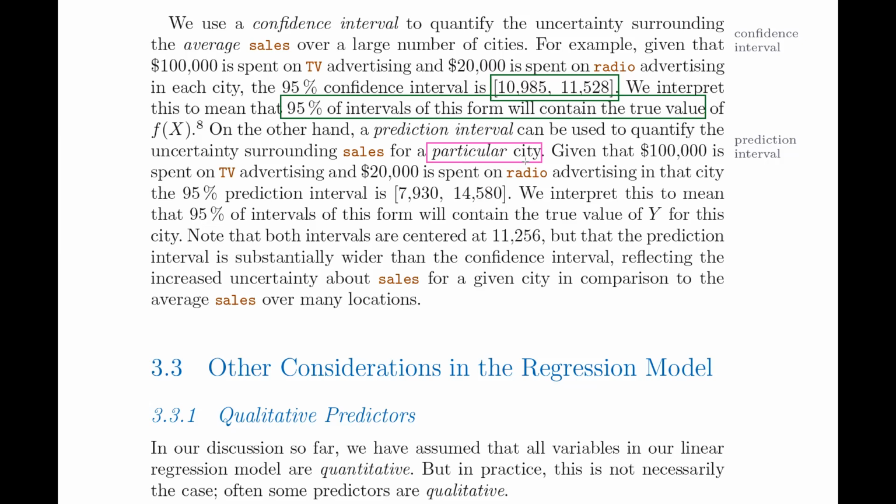Note that both intervals are centered at 11,256, but the prediction interval is substantially wider than the confidence interval, reflecting the increased uncertainty about sales for a given city in comparison to the average sales over many locations.